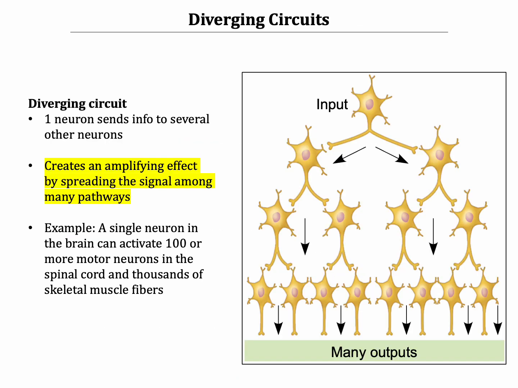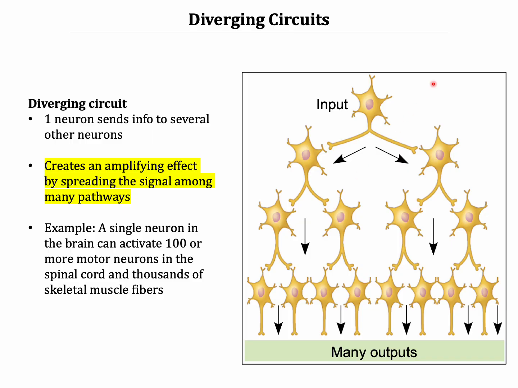One type of neural circuit is called diverging circuits. And this is when you have one neuron providing input or sending information to many other neurons. So you see how it's kind of spreading out along this chain of neurons. It creates an amplifying effect. The signal is spreading out amongst many pathways.